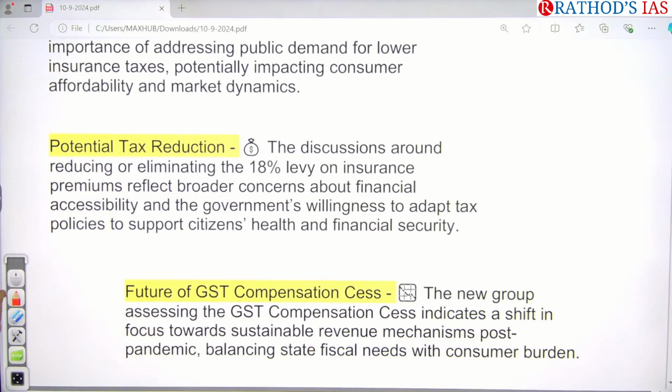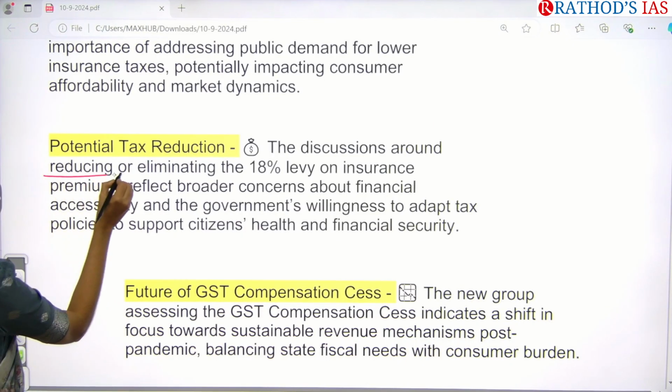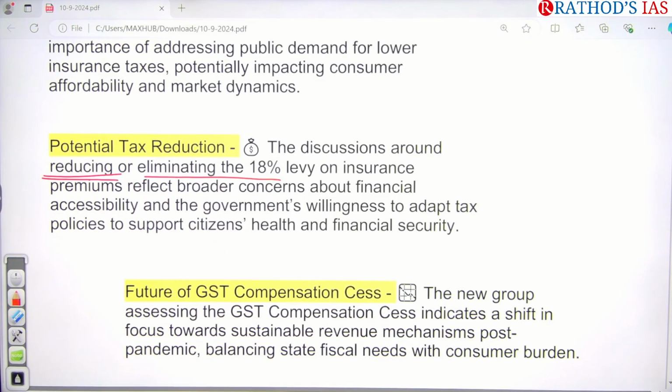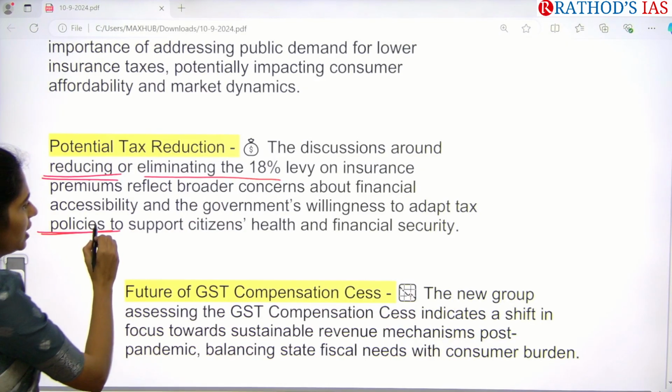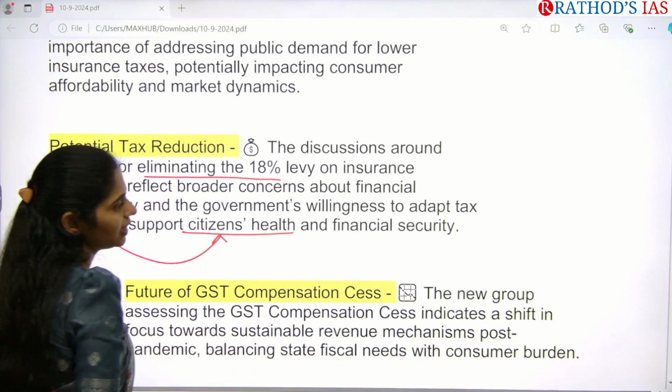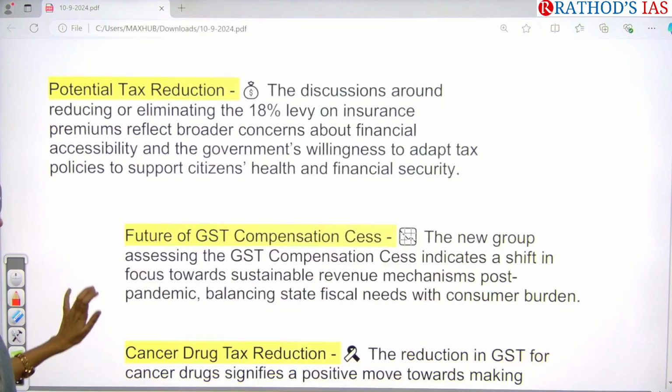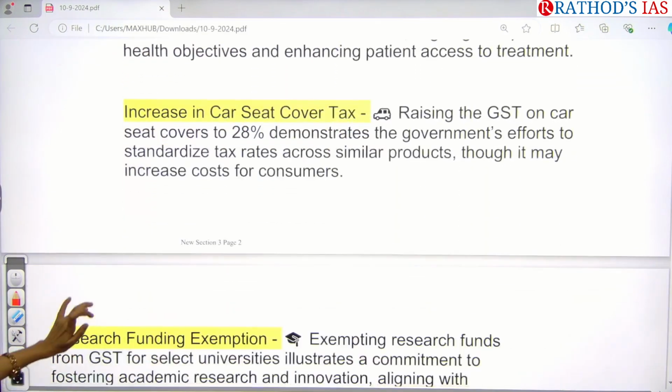And next one here is there are also discussions going on regarding either reducing or eliminating this 18% levy on insurance, so that especially they are focusing on adopting new tax policies, so that they can support citizens' health and ensure financial security of the citizens of India. Okay, so this is a thing that you have to see.